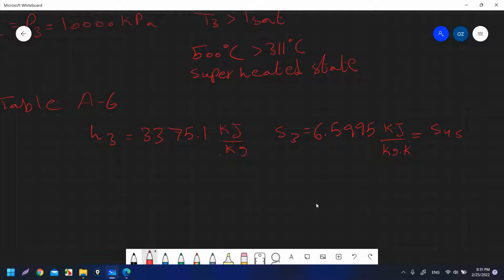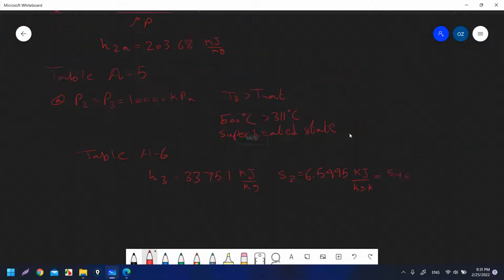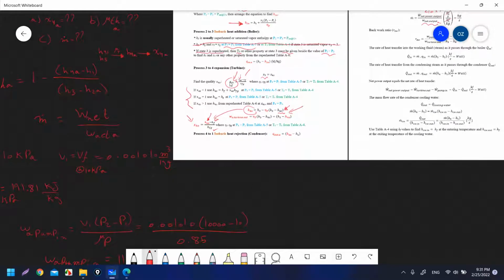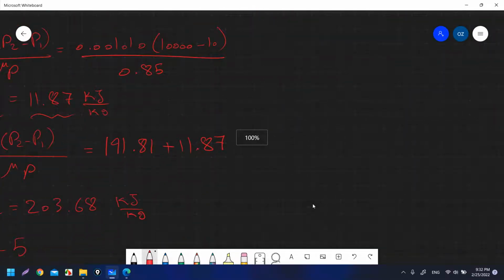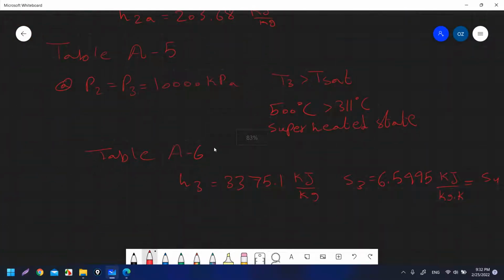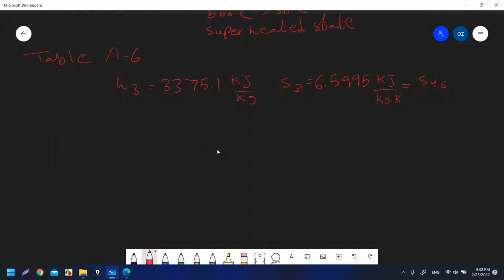Now I can use this entropy to calculate, as we said, X4S, which is equal to S4S minus SF over SFG. At which pressure?